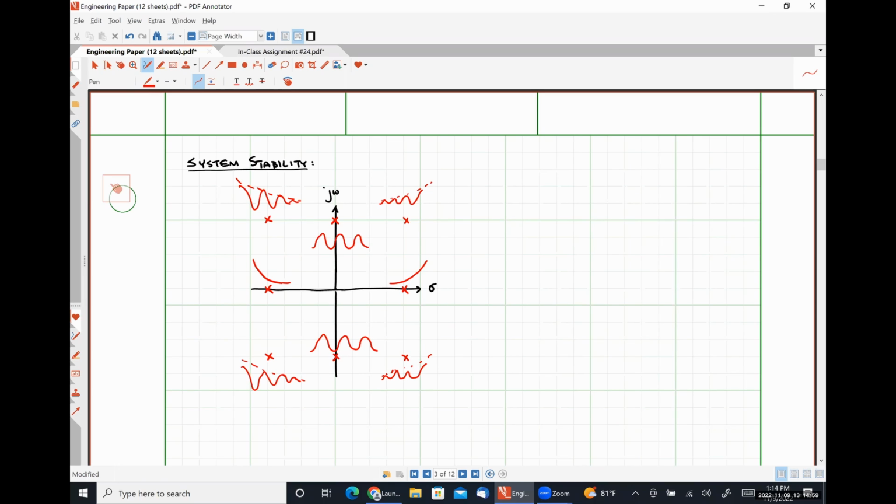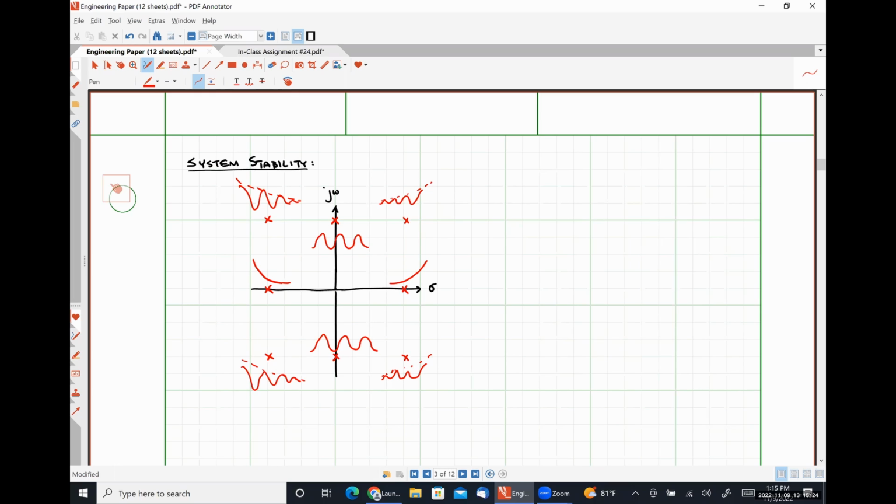So systems whose poles occur on the left-hand side of this graph are stable, because even if we have instability, which is evidenced by ringing, so if we have complex conjugate poles, it's trending towards some finite value. So it still behaves as a stable system.